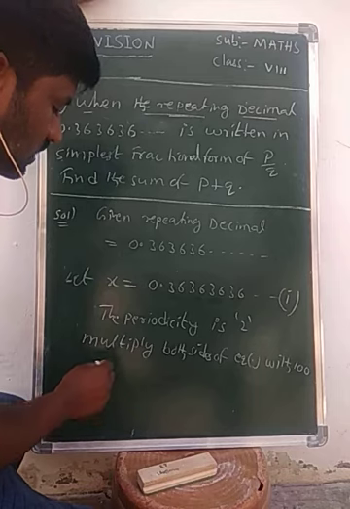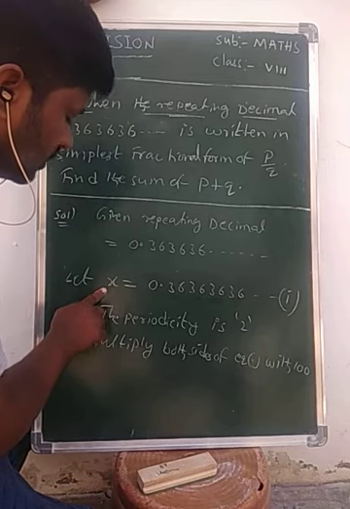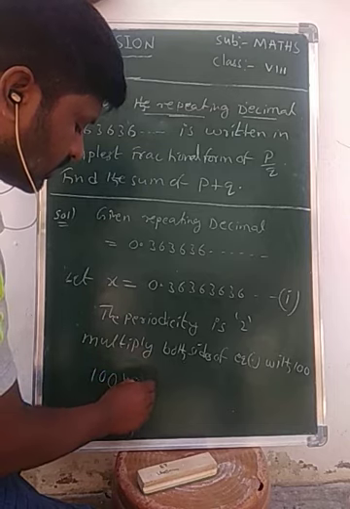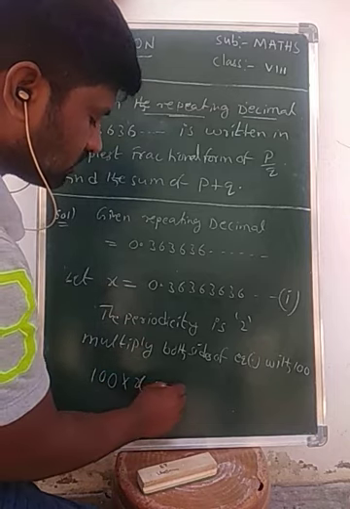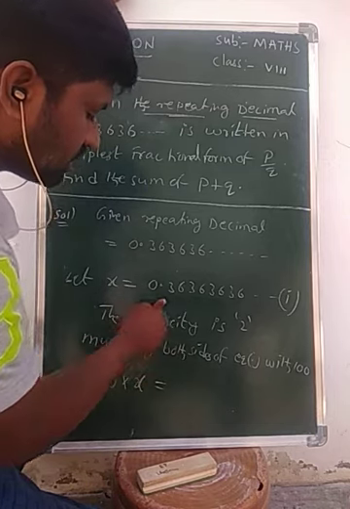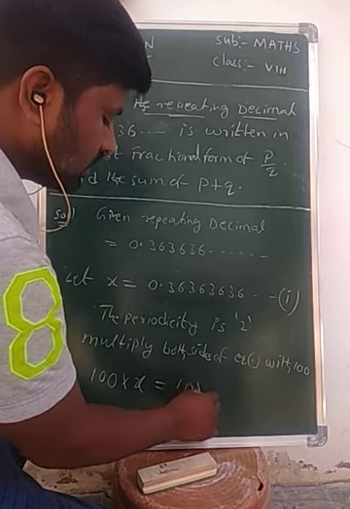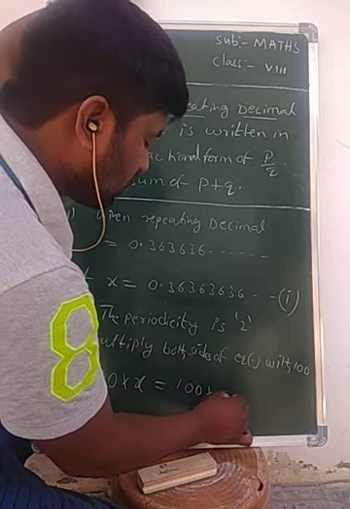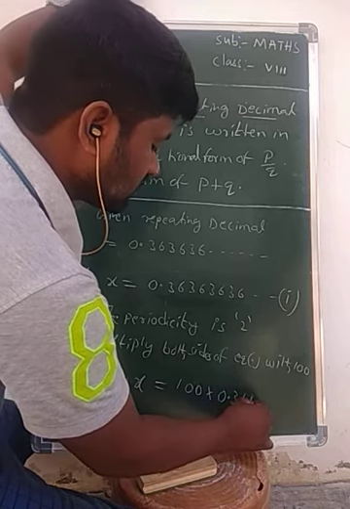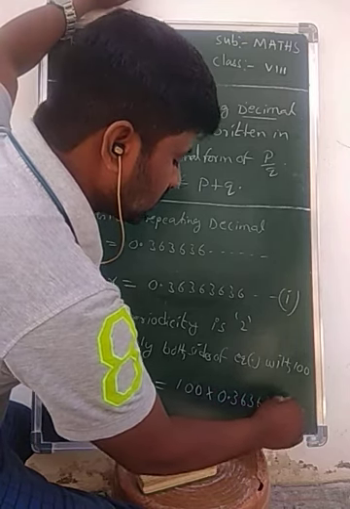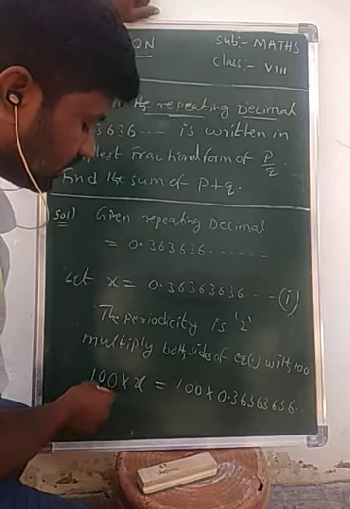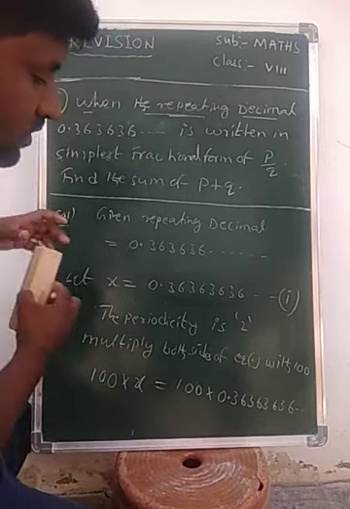Now what I am doing here, multiplying x with 100, that is 100 into x equals multiplying this complete RHS part, that is 100 into 0.363636. Okay.